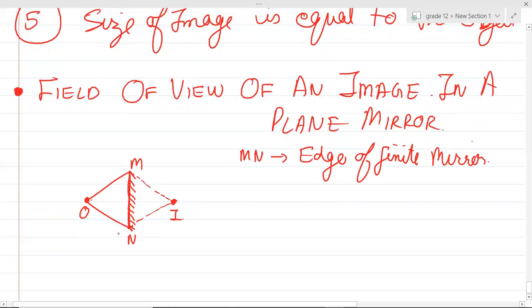So from here, can you see the reflected rays are going like this? Guys, you draw the diagram with the help of scale pencil. I don't have scale pencil and I don't want to waste time by drawing lines like that.